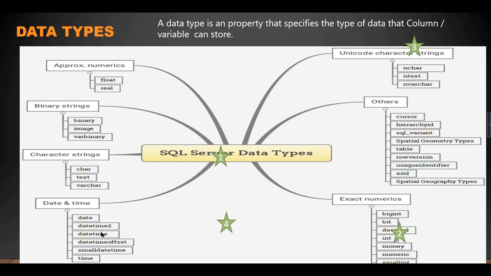Another example: you want to add 5 days to, or subtract 5 days from, the date in that column. In that case you have to use the DATEADD function, which takes a date column, a date data type, as one of its parameters.